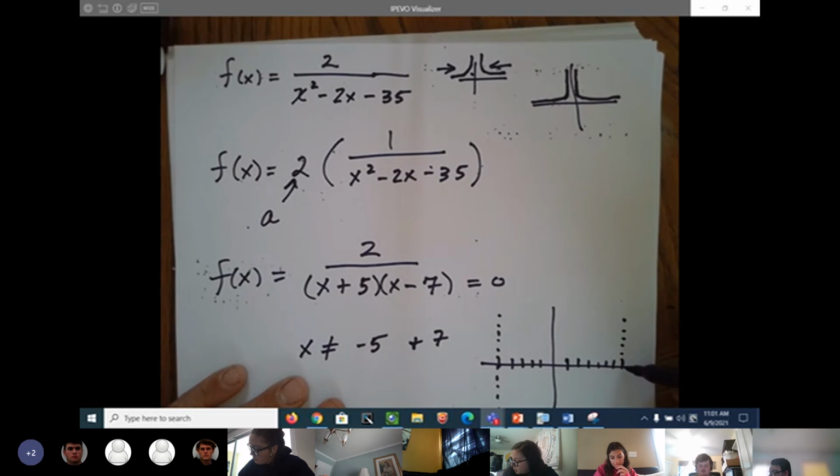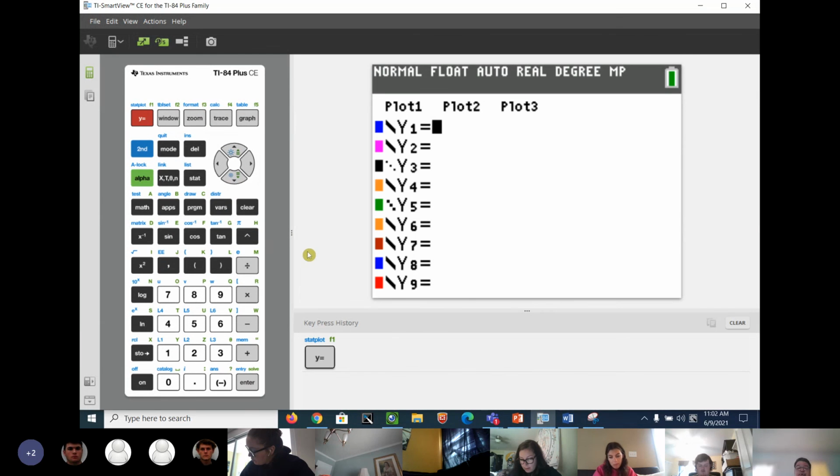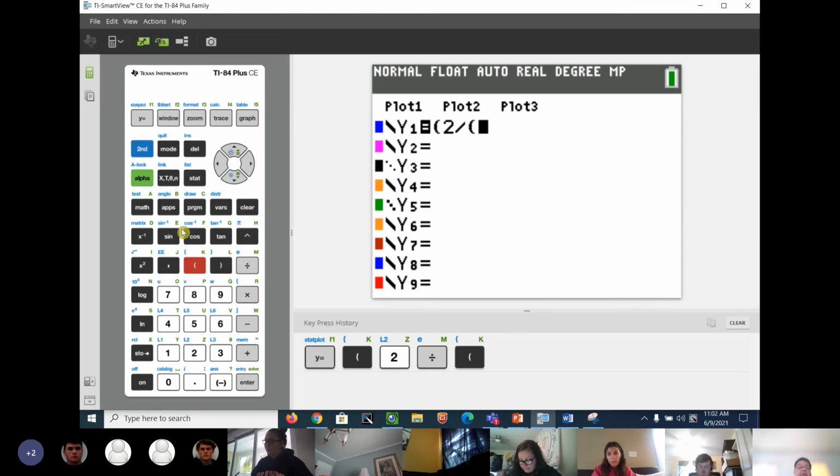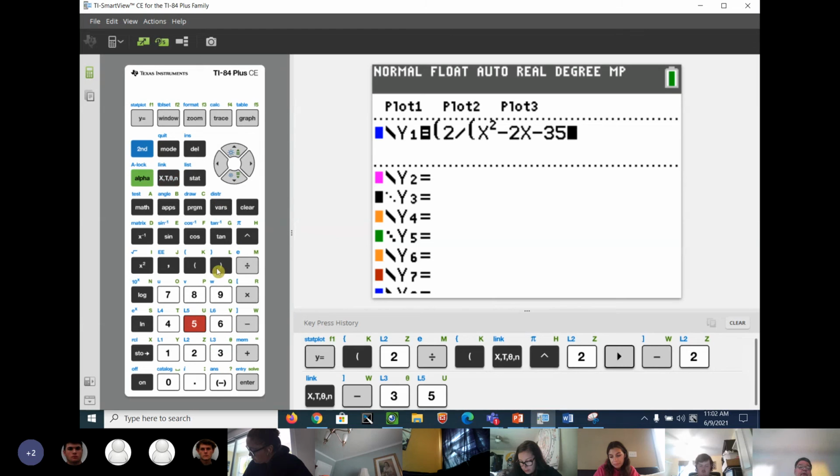And no, you would not know how to draw this unless you plotted points. So you would go to the handy dandy calculator and you would put y is equal to 2, I'm going to put 2 in parentheses divided by parentheses x squared minus 2x minus 35, close parenthesis, and graph.